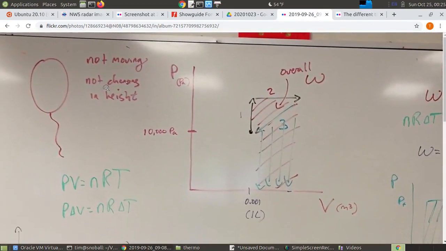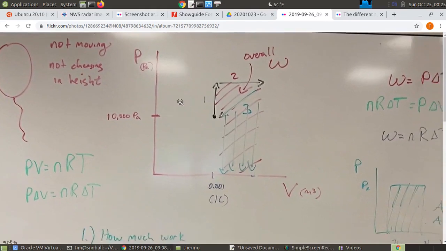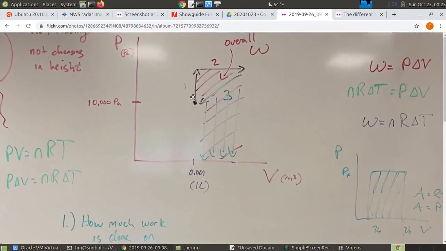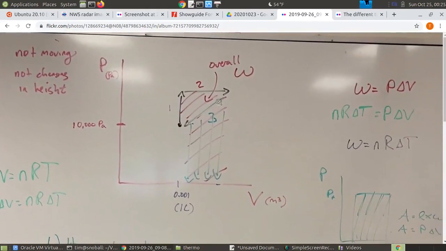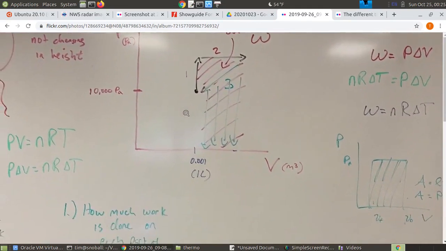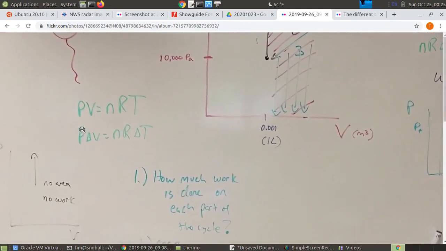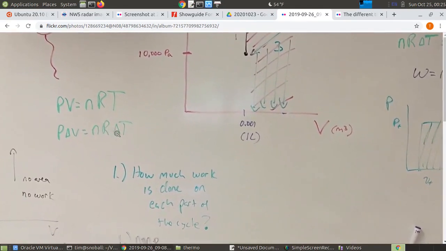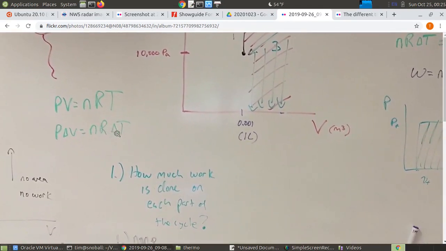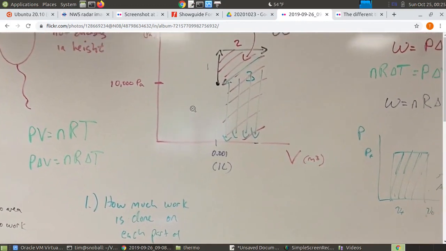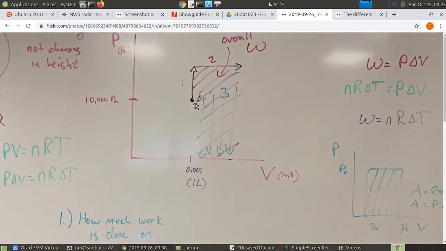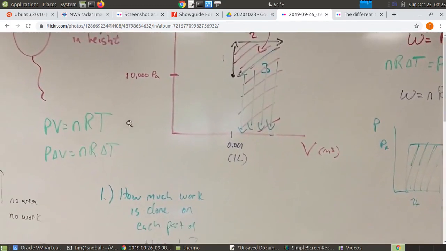So you can see that temperature depends on pressure and volume. And as we go around a cycle, we start with a pressure and volume. We come back to that same pressure and volume. So we don't have a delta V or a delta P, in which case we can't have a delta T. So that means we must end up back at the same temperature we started with and with the same internal energy.